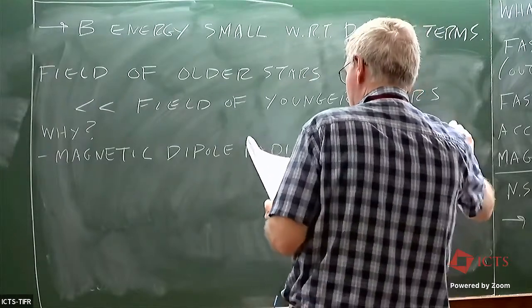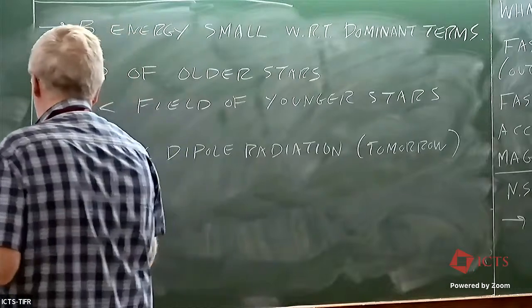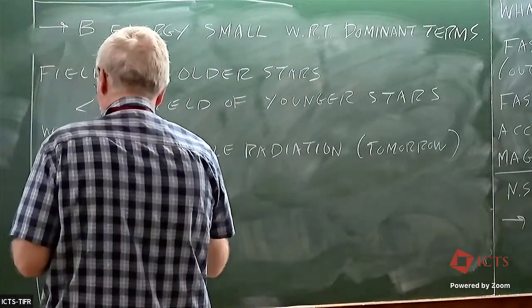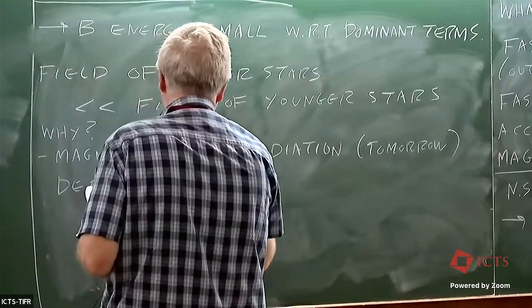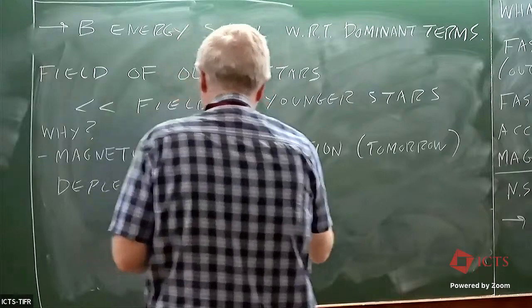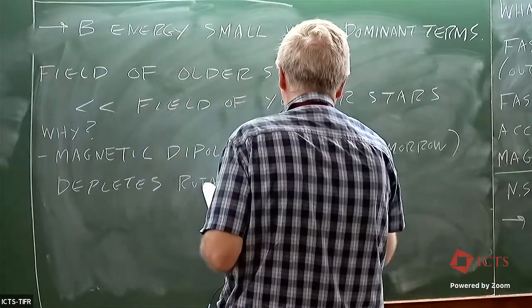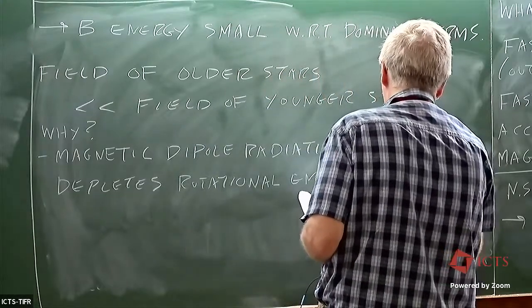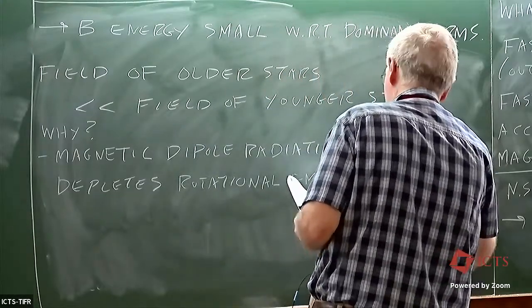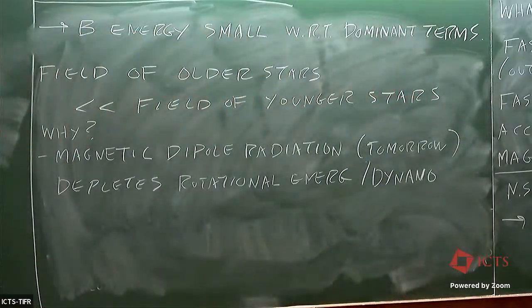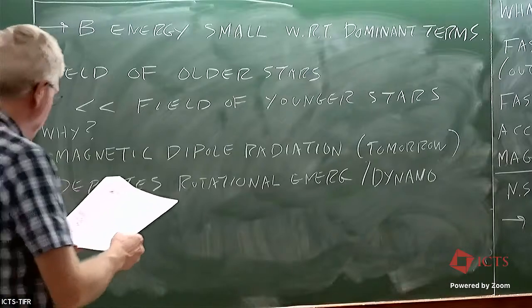That process depletes rotational energy, clearly, but it may also at the same time be reducing the dynamo associated with that same rotation. Again, we don't really understand how this works in detail, but it's plausible that that contributes.